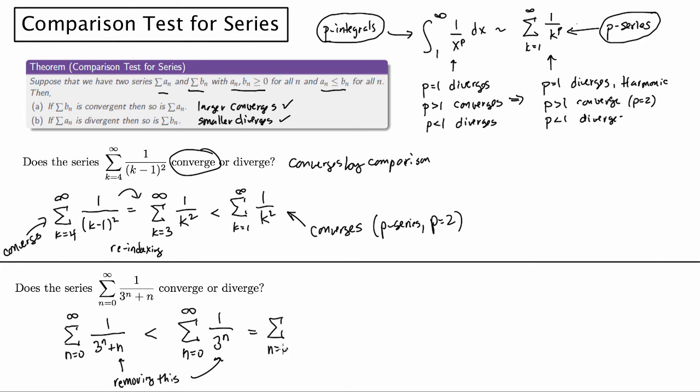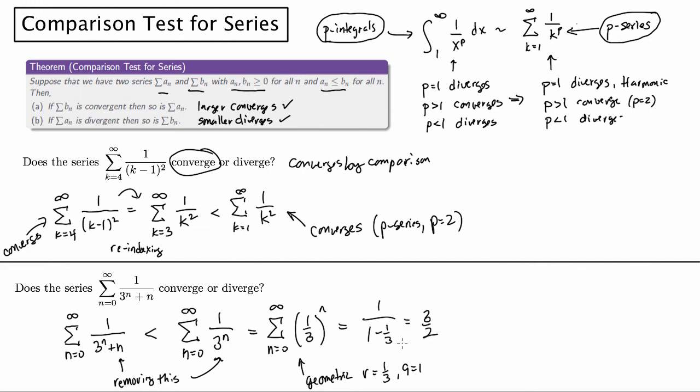And the point that we want to make about this is this new sum that we have here, we should recognize as being a geometric sum. So this is geometric with r equal to 1/3 and a equal to 1, which means we actually don't need to determine whether it converges or diverges because we can actually sum that thing. We do know it's convergent. The actual sum is 1 over 1 minus 1/3, or 3/2.